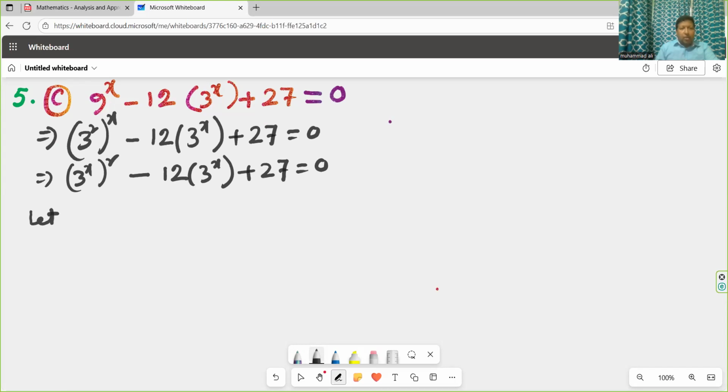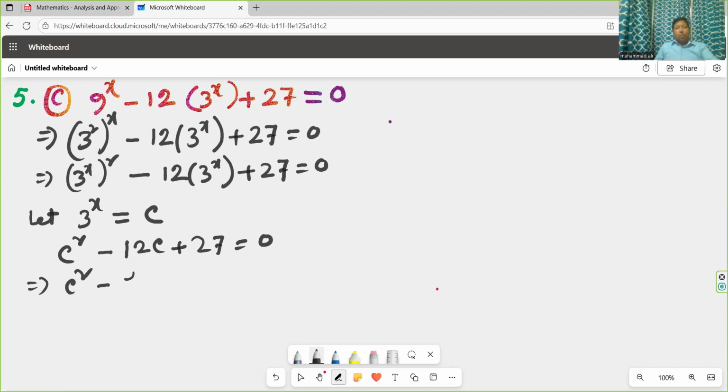Now let 3 to the power x equal c. So you can write here c squared minus 12c plus 27 equals 0. Now c squared, it will be minus 9c minus 3c plus 27 equals 0.